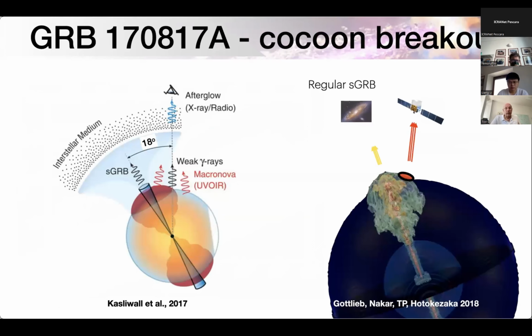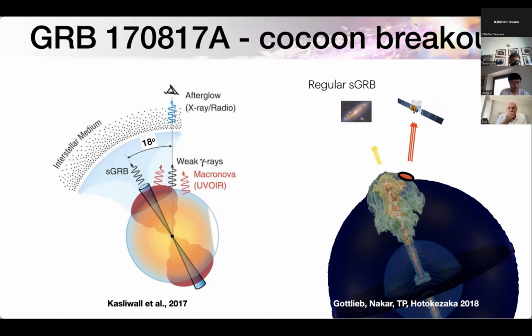What could it be? The idea is that the GRB jet was in this direction at about 18 degrees from us. And we know this now using VLBI observations of the afterglow. And what we saw is this region from which there was no regular GRB activity, but this was a cocoon breakout.